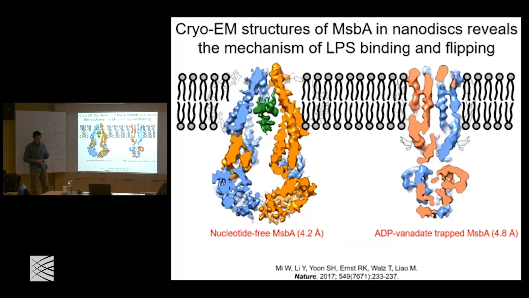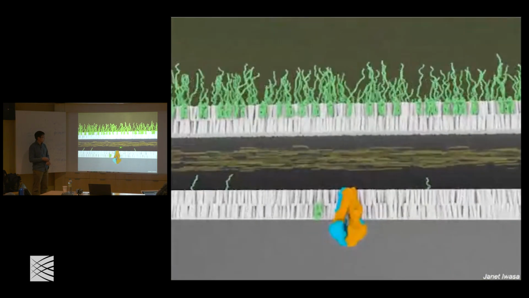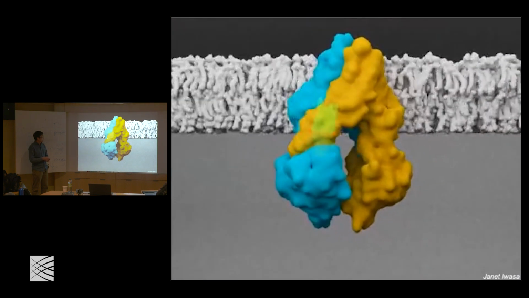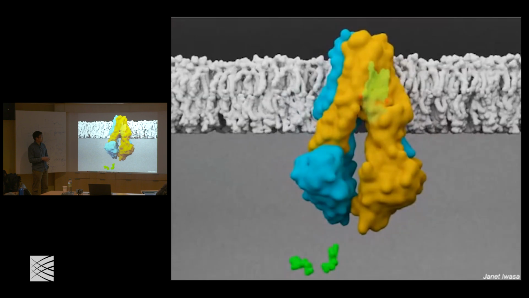With these two structures and a set of functional studies, we came up with a model to describe the whole process of LPS flipping. I'll show you a movie to illustrate that. That's the inner membrane, and MsbA without binding of LPS is supposed to be very flexible, and LPS can be trapped inside and stabilize the whole protein conformation.